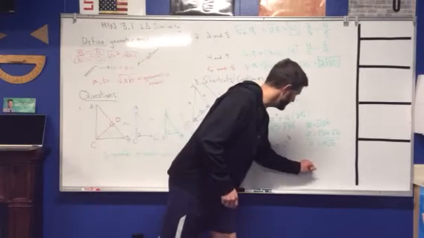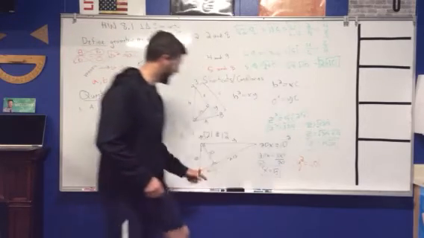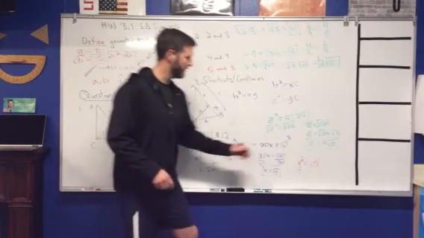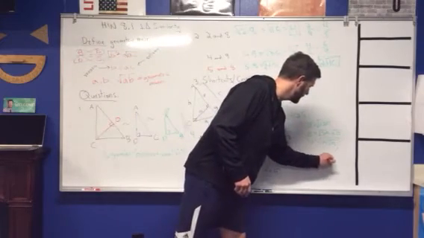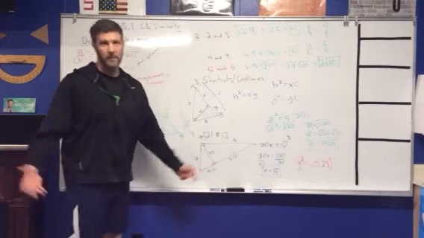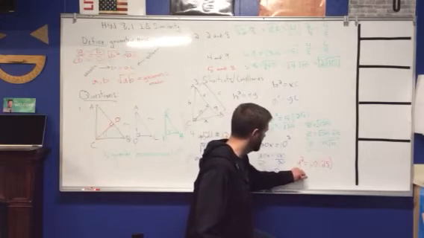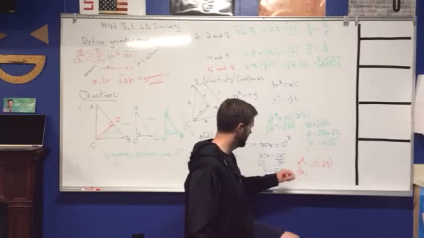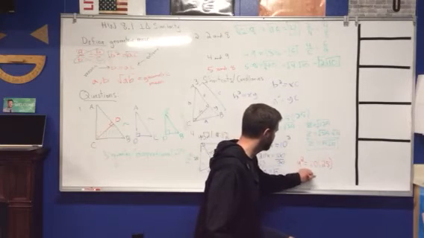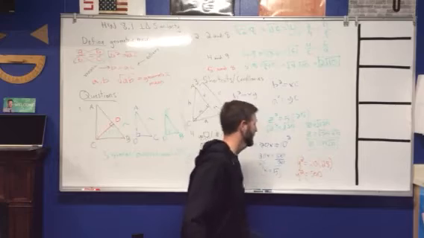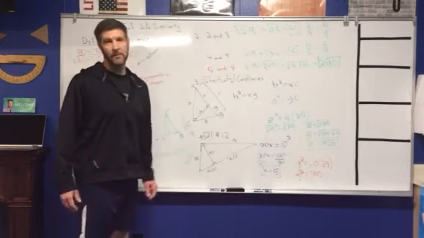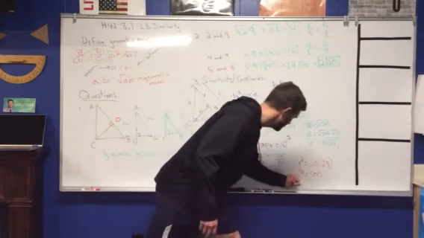So that is 20 times the entire side, which is 20 plus 5, so 25. And again, we'll work through that just like we did with the last one. Y squared equals, what is that, 500. Okay, and then we find the square root of 500.